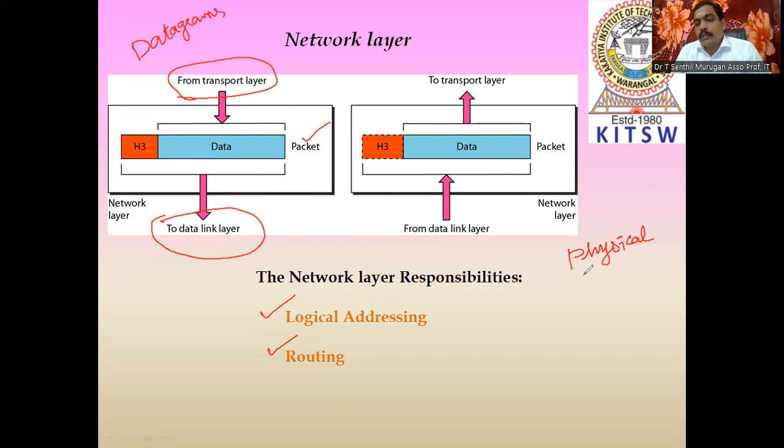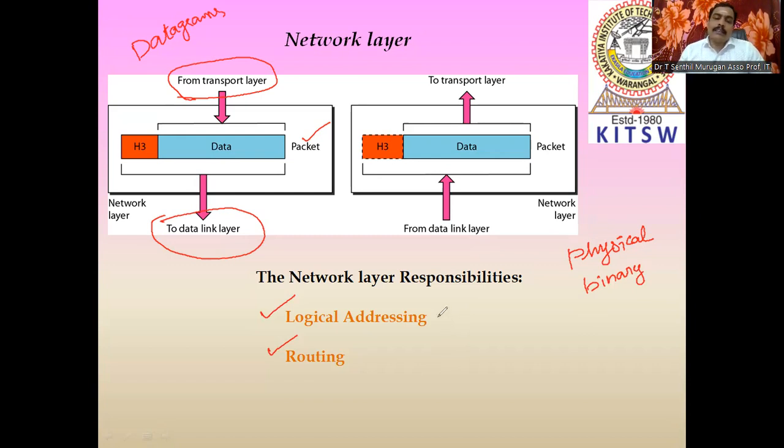That card has an address, which is printed by the manufacturer. It is permanent and is represented in binary format. This address is used in the data link layer, so the data link layer uses physical addressing.